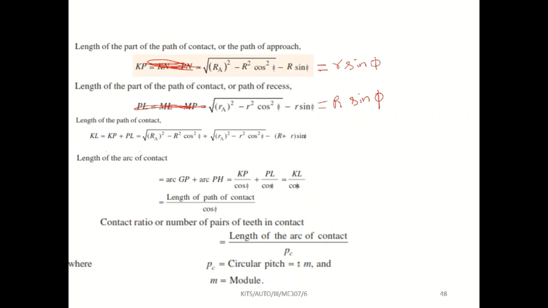This is the meaning of maximum path of approach and maximum path of recess, where interference is just avoided. At this condition we have to find the capital RA value and the small ra value. That's what they have asked us to find. So now let us proceed.